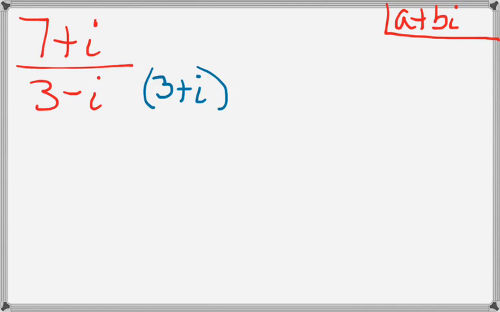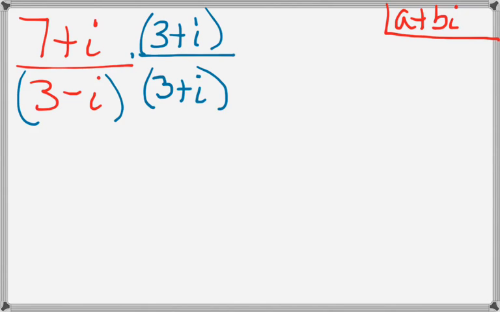So we know that if we do 3 minus i times 3 plus i, we'll get a real number in our denominator. Now, of course, we don't want to change the value of what we have, so we need to also do the same thing to the numerator. Because then we're multiplying by 3 plus i over 3 plus i, which is 1.